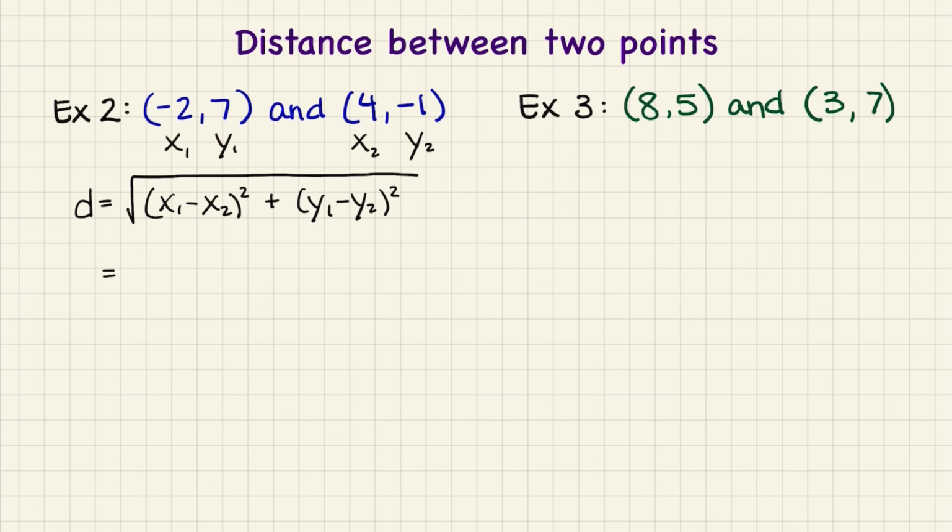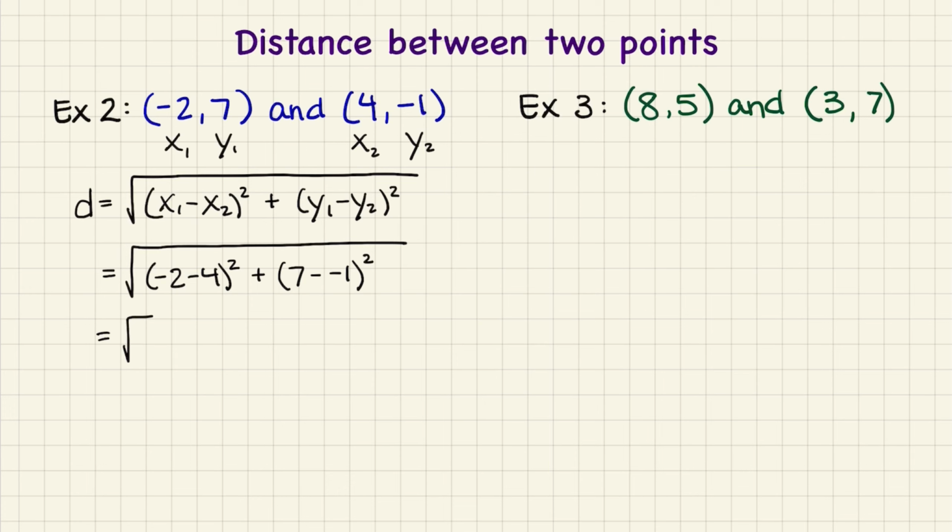So the distance equals the square root of x1 minus x2 is negative 2 minus 4. Negative 2 minus 4 squared plus y1 minus y2, 7 minus negative 1 squared.